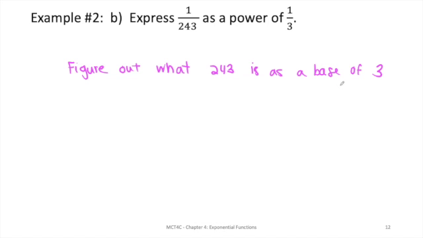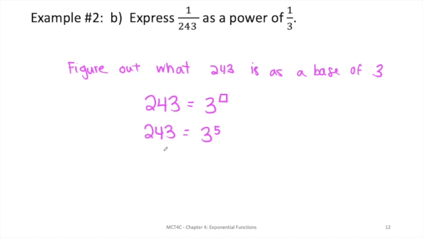So let's figure out what it is as a base of 3. 243 is equal to 3 to the what? Do that on your calculator. If you know your exponents pretty well, you should know that that's 3 to the exponent 5.